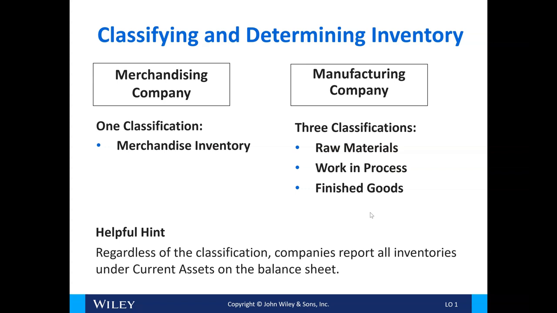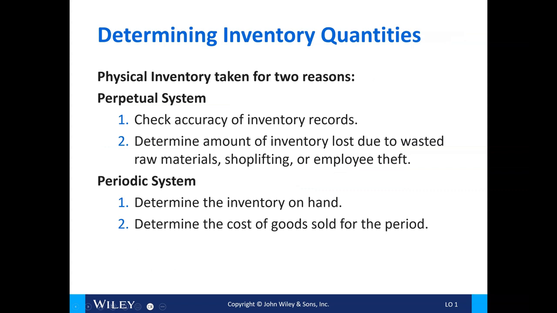And you can see here that regardless of the classification, companies report all inventories under current assets on the balance sheet. It's in the last chapter that under the periodic and perpetual system, you will do inventory, but the perpetual system will really only be like an inventory maybe once a quarter, maybe once a year.